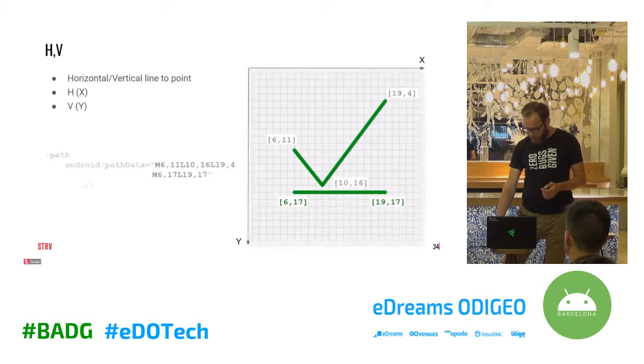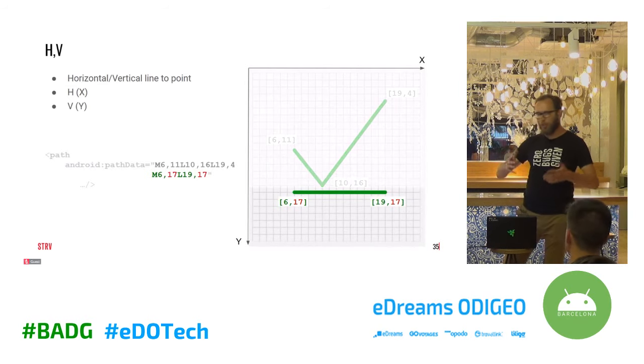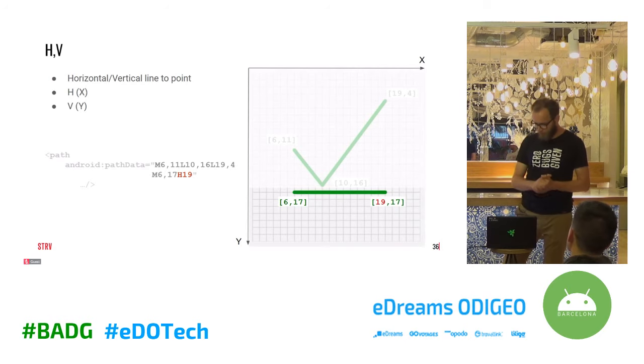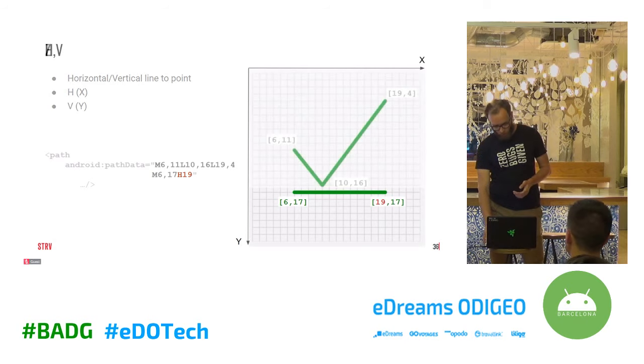And here we can see that the bottom line doesn't change on the Y-axis, so we can shorten how we make the command to draw this line, and just omit the 17, because this doesn't change. So we can change that to just draw a horizontal line to 19 on the X-axis, and just keep the 17 as it is. Cool.